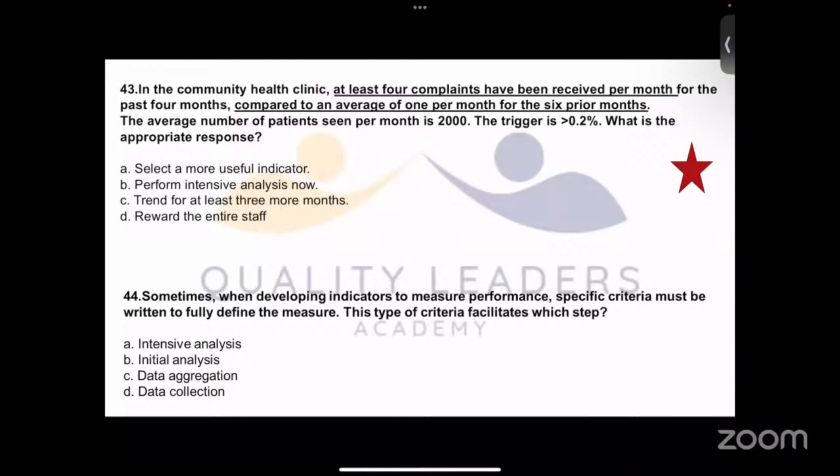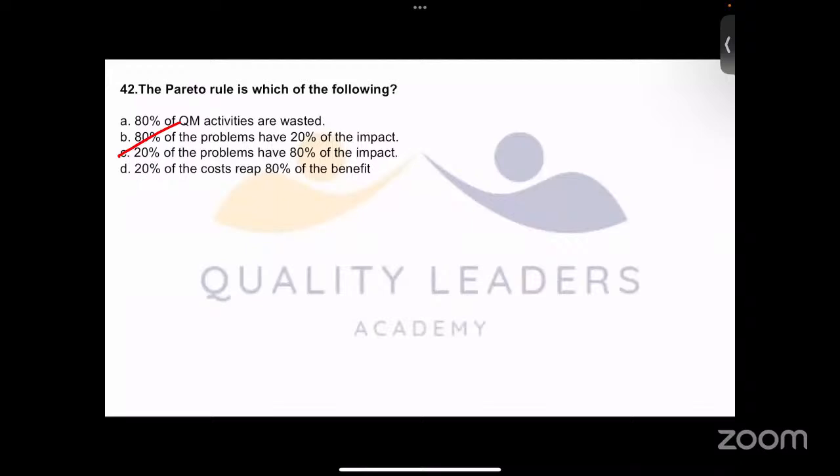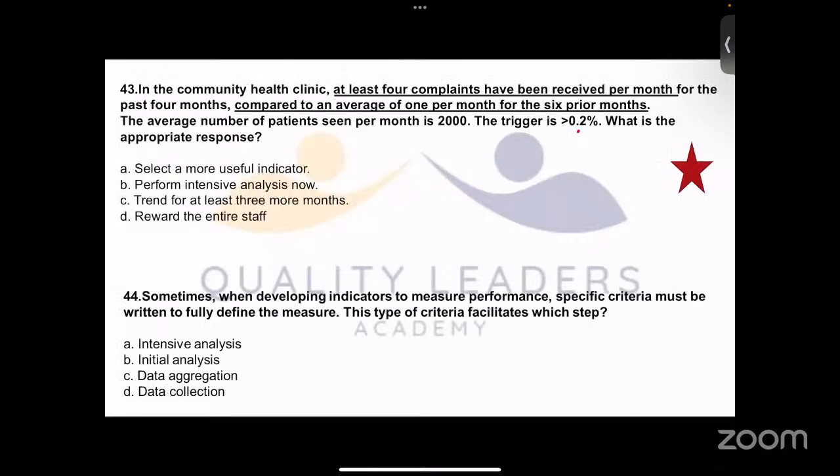The trigger is more than 0.2%. What is the appropriate response? A, select a more useful indicator. B, perform intensive analysis now. C, trend for at least 3 more months. D, reward the entire staff.